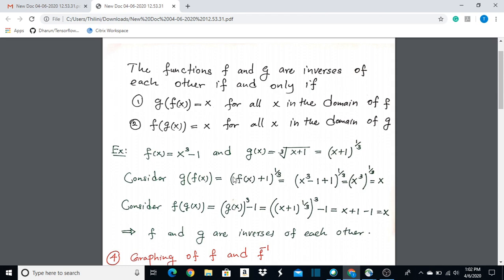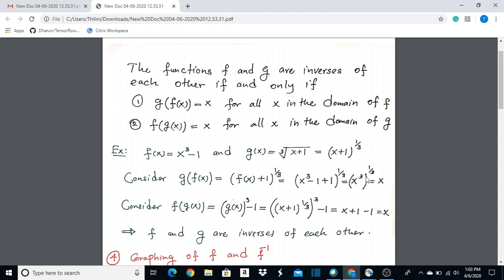Now, I know what f is. f is x to the power 3 minus 1. So we have x to the power 3 minus 1, and here we have a plus 1, so the negative 1 and the positive 1 cancel out. We get x to the power 3, to the power 1/3. When you simplify the exponential, this is a power of a power, so these two exponents cancel out.